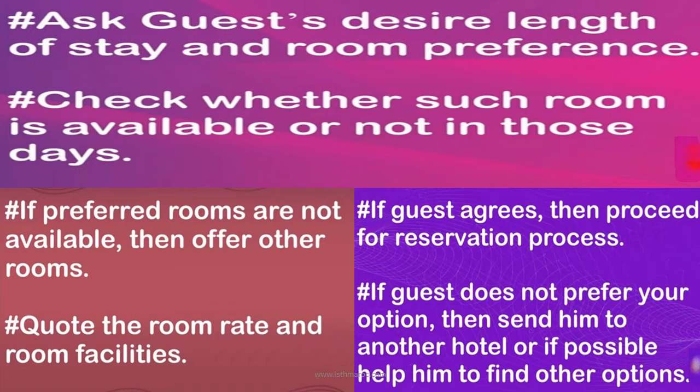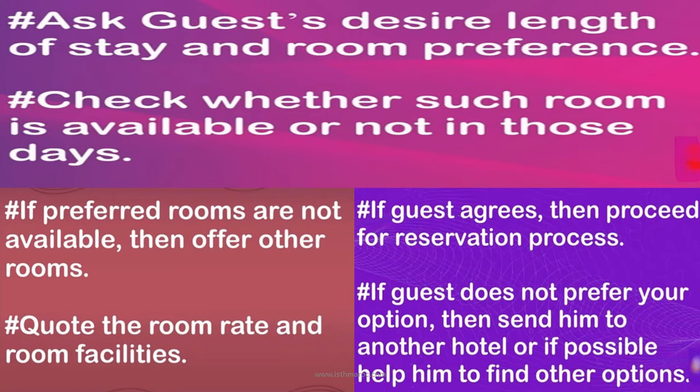Suppose he tells you about a room with some facilities, and the type of room the guest describes is not available on that date. You are obliged to tell him about other alternatives.